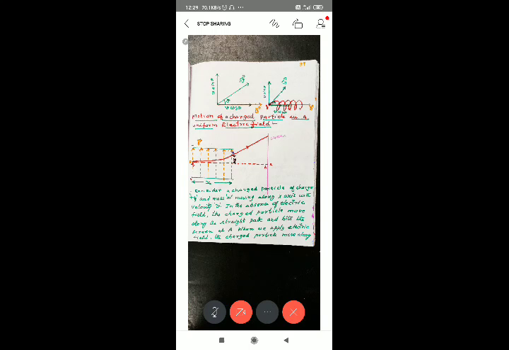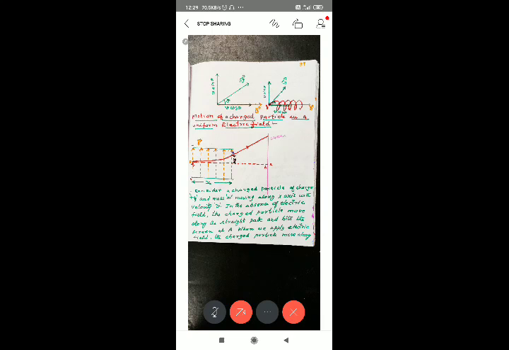For that we are again discussing the motion of a charged particle in an electric field. We discussed that in the first chapter. Again we are studying it here because the combination of the two fields comes. When both fields are perpendicular, what happens to the charge? Such motions we have to discuss.